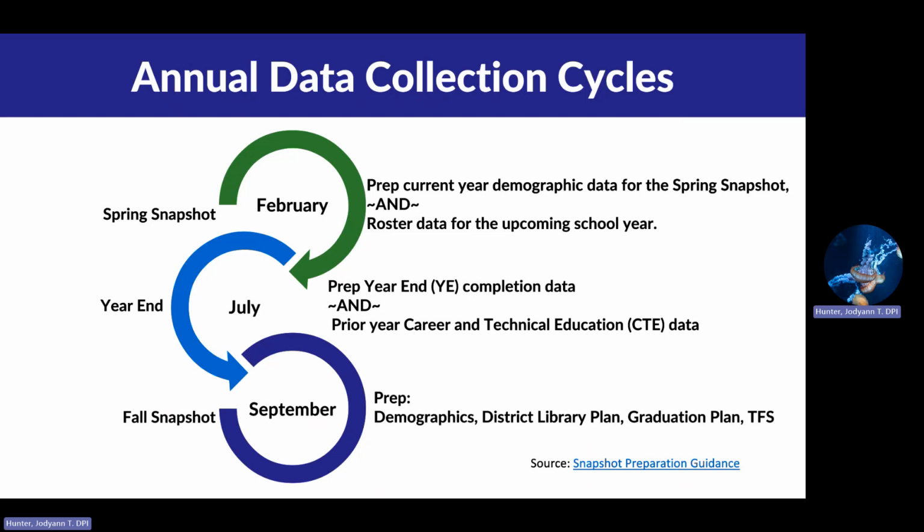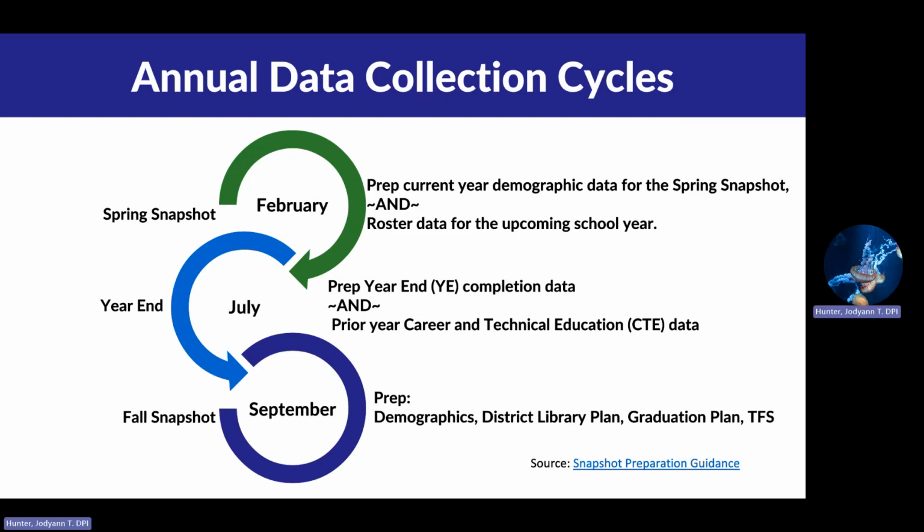So I'm going to start off here with the annual data collection cycle. We are going to actually start in the spring snapshot, which usually occurs around February. And this includes preparation for the current year demographic data for the spring snapshot and roster data for the upcoming school year.